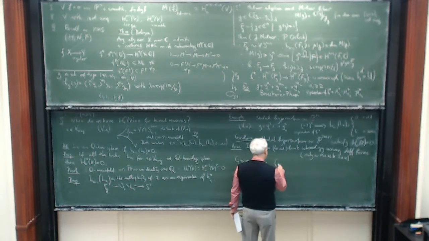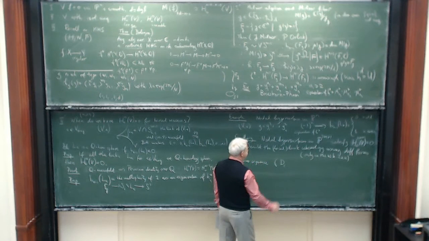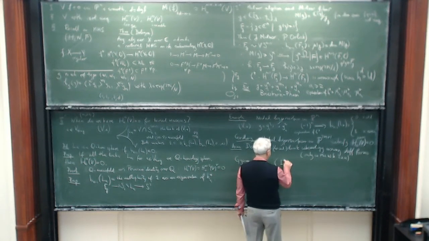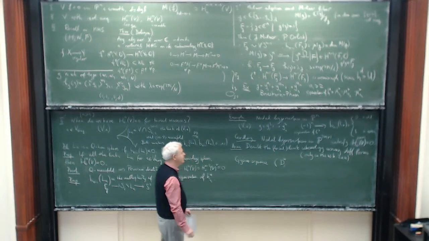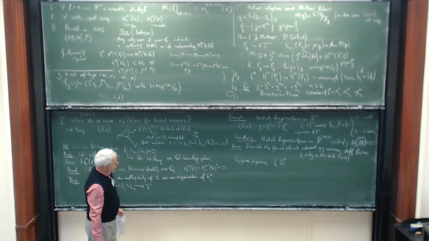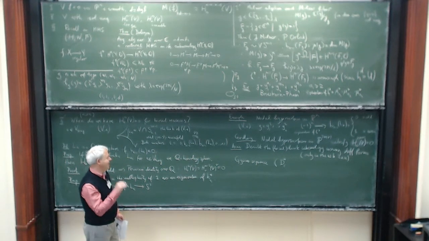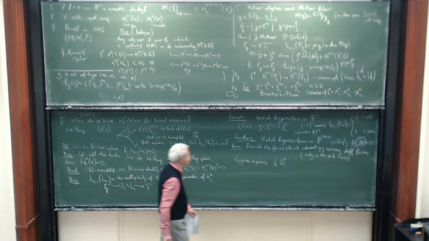And the complex manifold is just a ball, centered at a, of radius epsilon, with the center deleted.